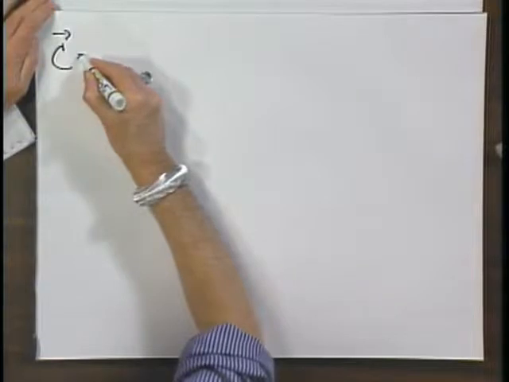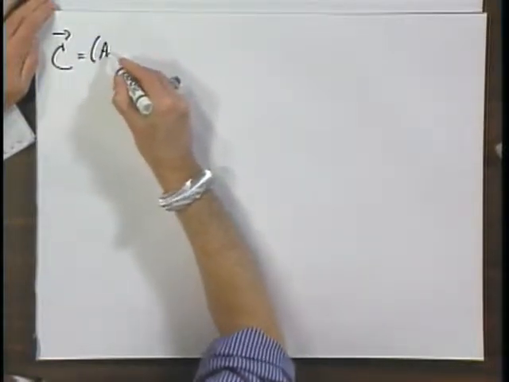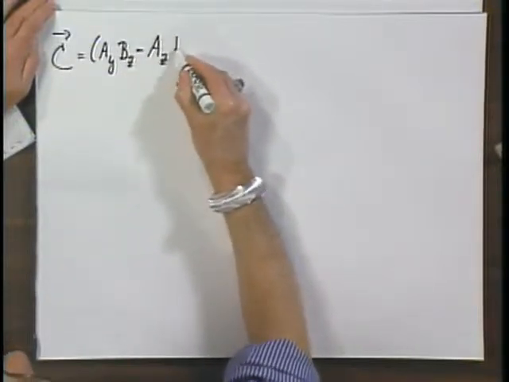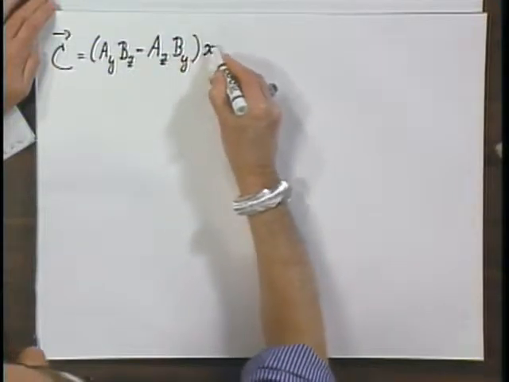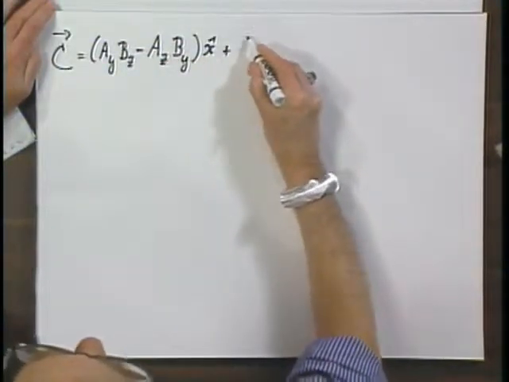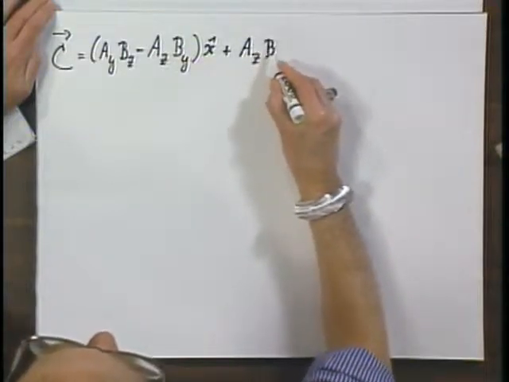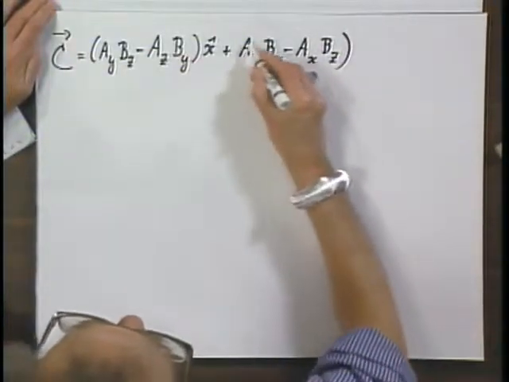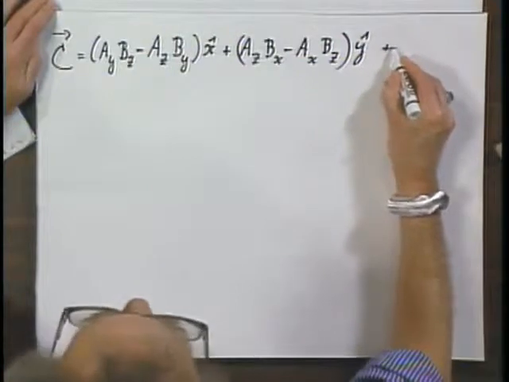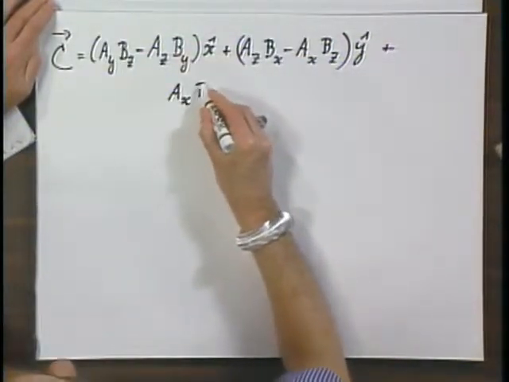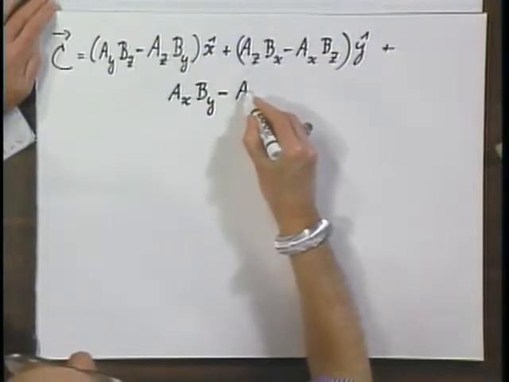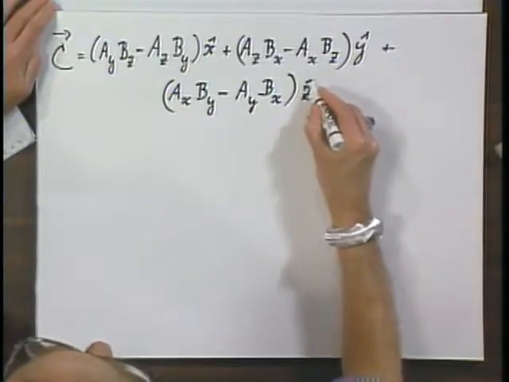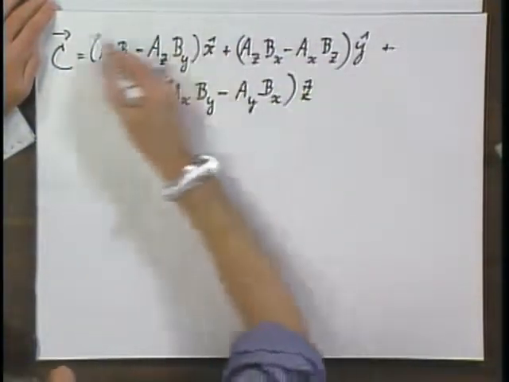C would then be (a of y bz minus a of z by) x roof plus (a of z bx minus a of x bz) y roof plus (a of x by minus a of y bx) z roof. So that's the vector in all its beautiful glory.